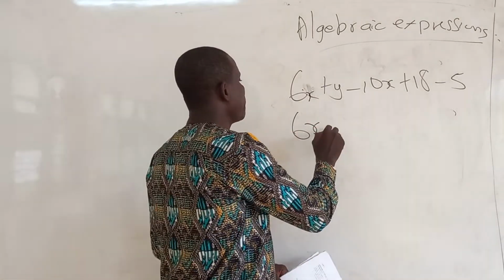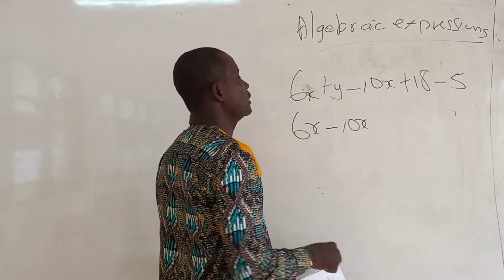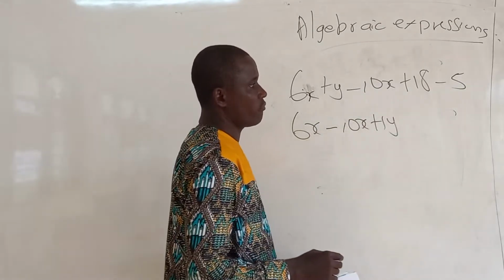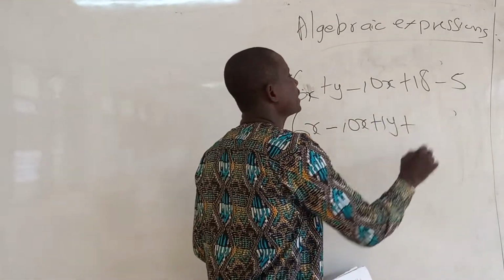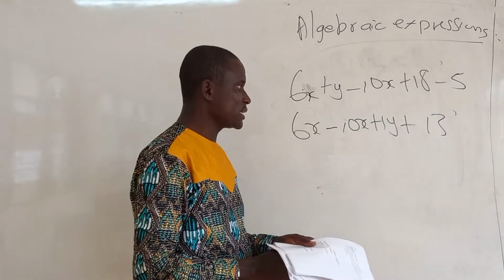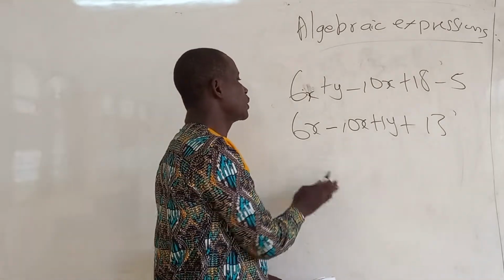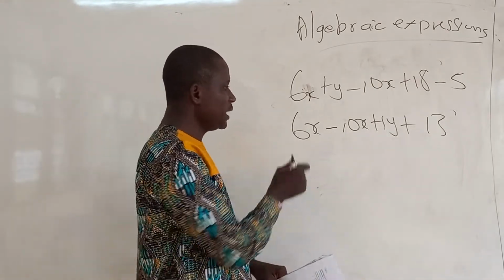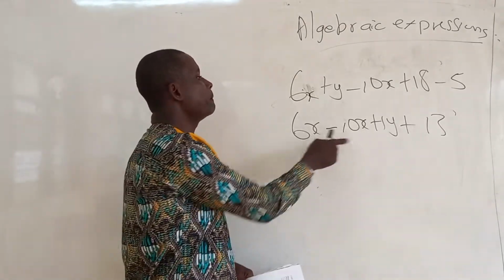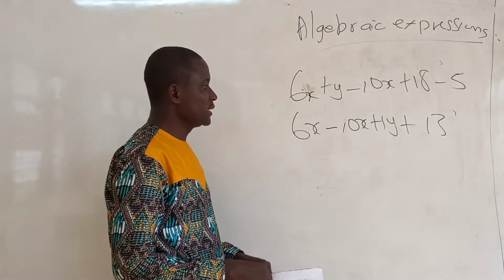I'm looking at all the x's first: 6x minus 10x. Then followed by plus y, note that this is 1y. Then 18 minus 5 will give you 13. So we have 6x minus 10x plus 1y plus 13.